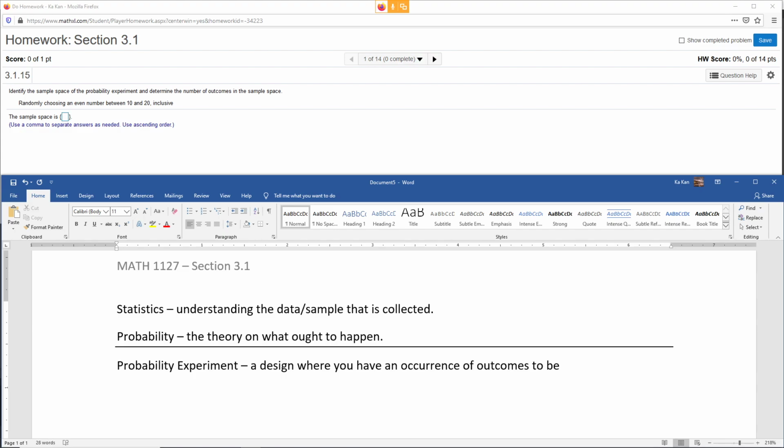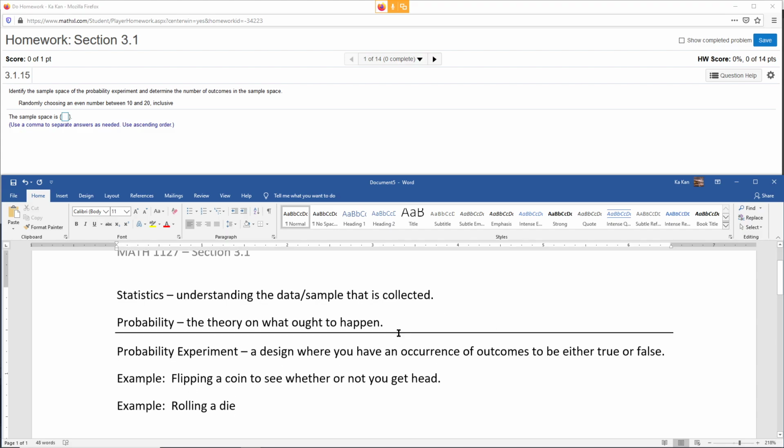One example would be flipping a coin to see whether or not you get head or tail. Another example would be rolling a die, so you can see what the outcome will be if you roll a die. So that's a probability experiment.